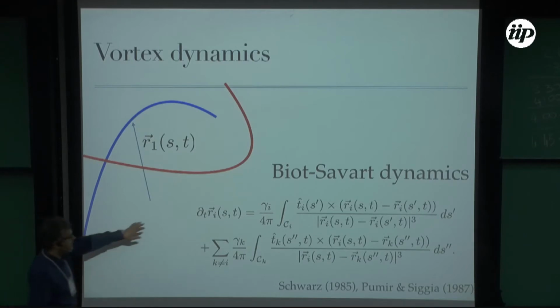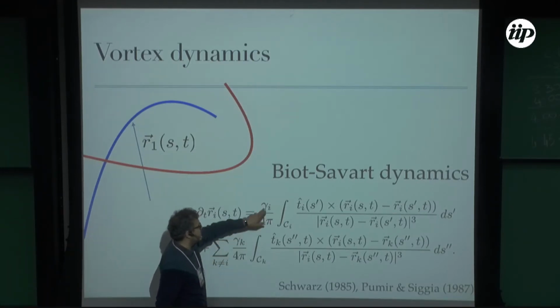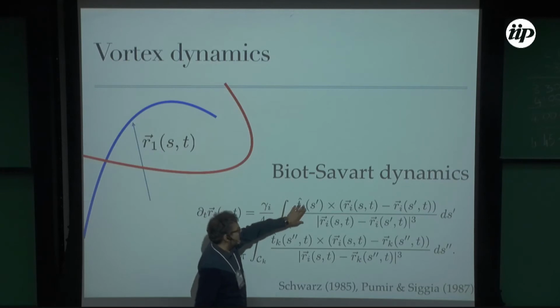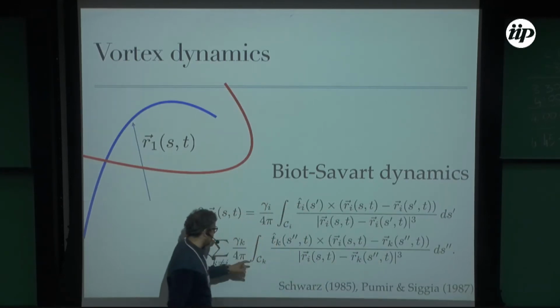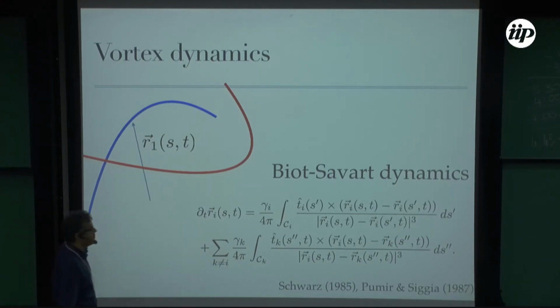This is the dynamics of the filament I, with some, I put here the circulation, the real circulation. This is the self-interaction, and this is the interaction of all other filaments, but in this case, there is just one other filament.